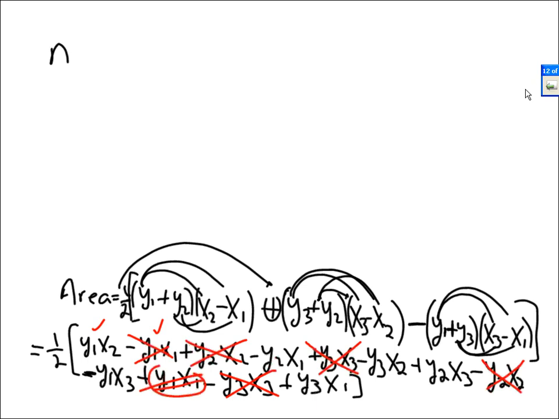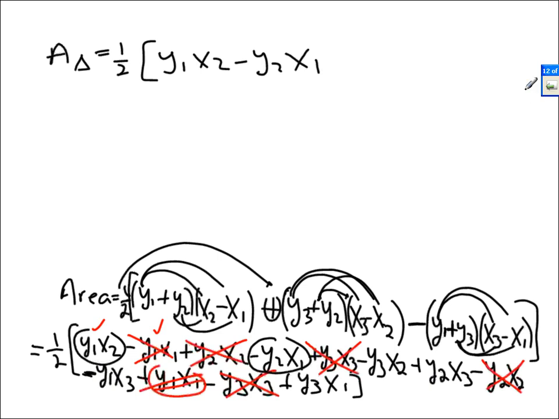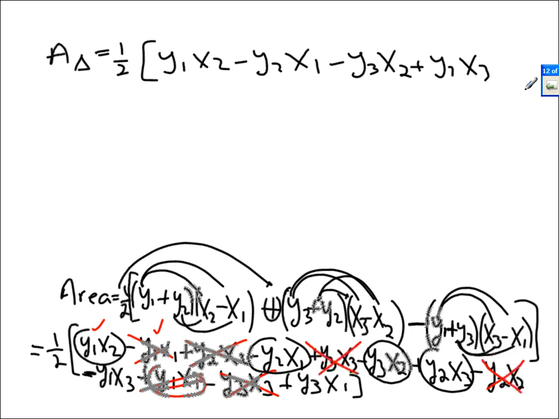So we now know that the area of the triangle is equal to 1/2 times the remaining terms: y1x2 minus y2x1 minus y3x2 plus y2x3 minus y1x3, and then I think it's plus y3x1.